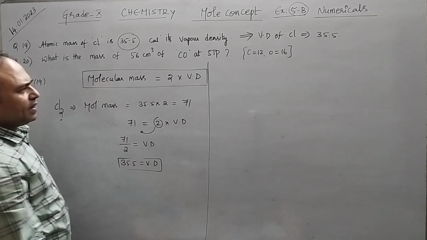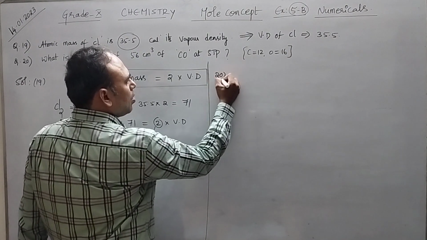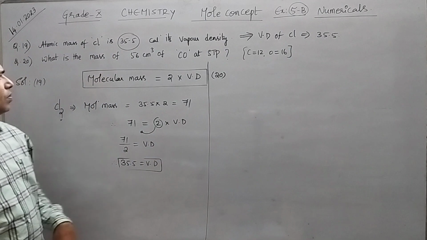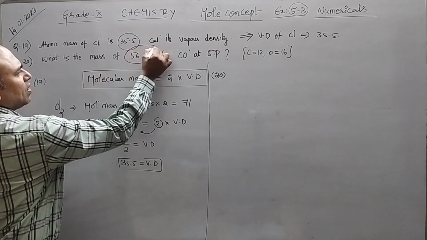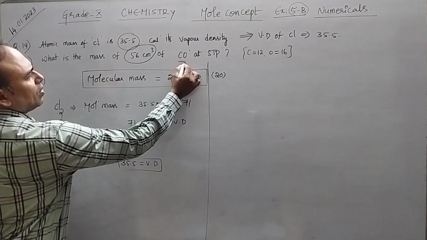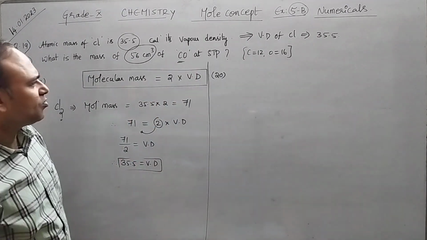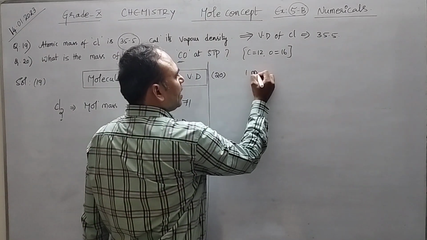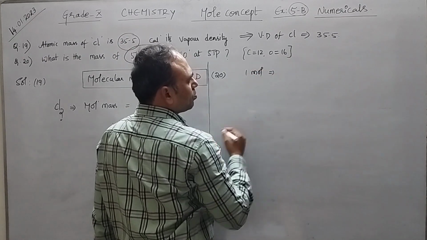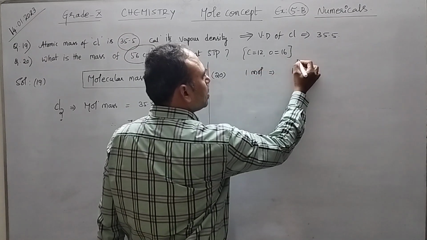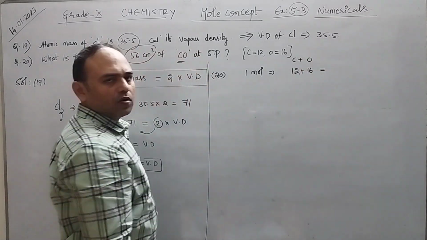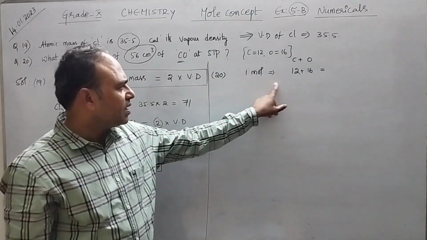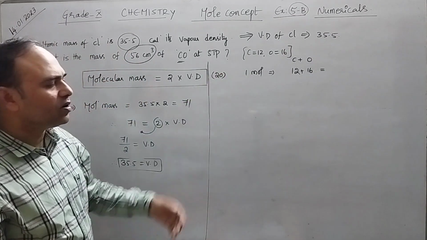Now let me write the solution of question number 20 here. What is the mass of 56 centimeter cube? Nothing but they have given volume of carbon monoxide at STP. First and foremost thing, if you take 1 mole of CO, how much you will get? C is 12, oxygen is 16. Hope you are able to understand we are writing the molecular mass so that it will occupy 22.4 liters.